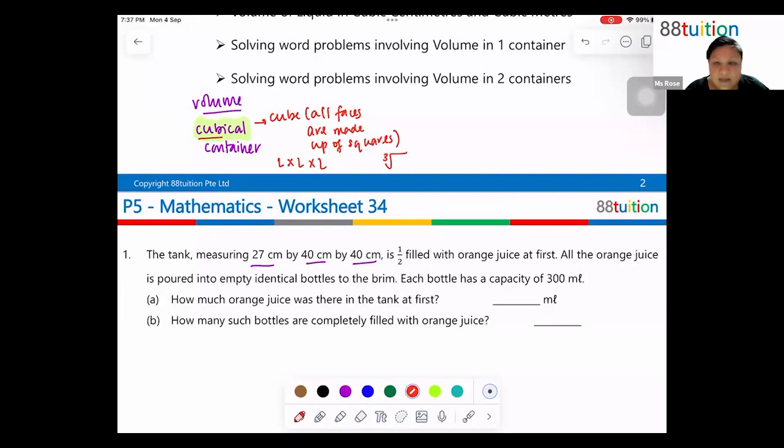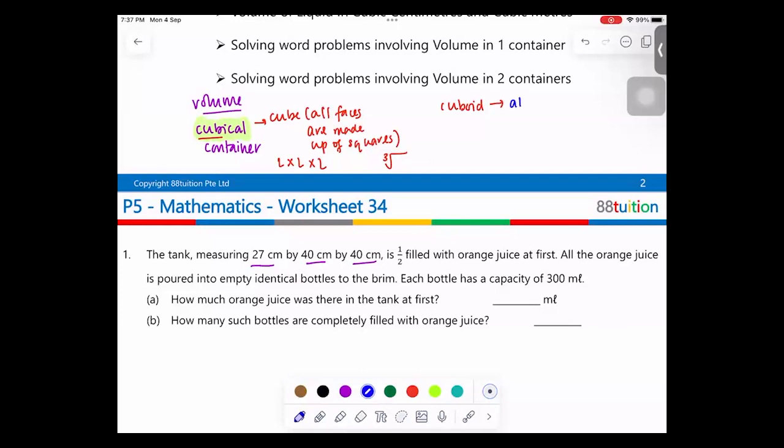Now, when we say it is a cuboid, what does that mean? If you say that a container is a cuboid, anyone, what does that mean?